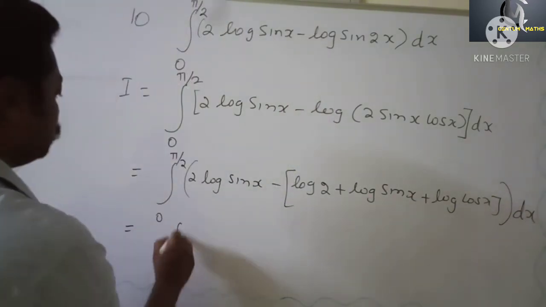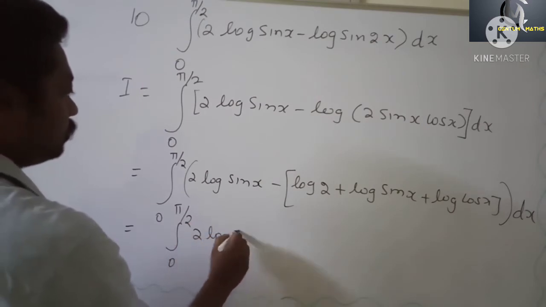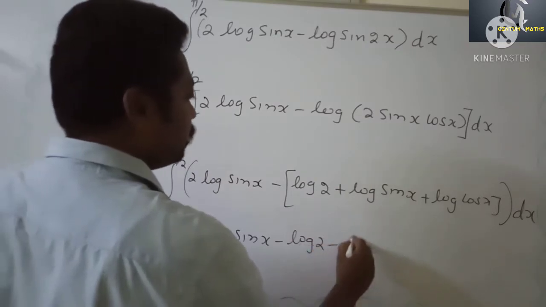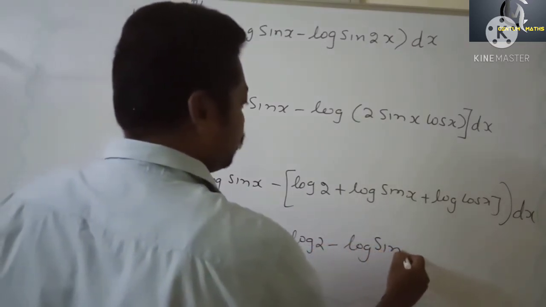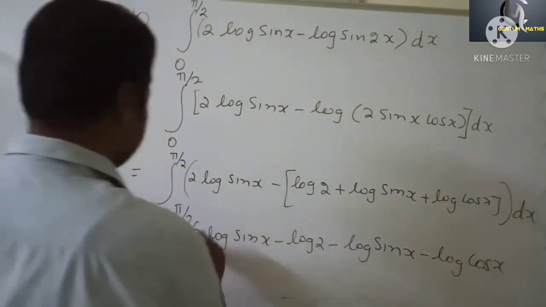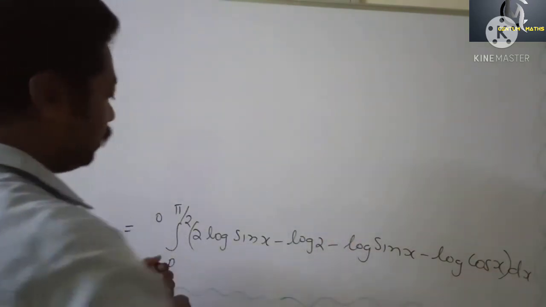So integral 0 to pi by 2, 2 log sin x minus log 2 minus log sin x minus log cos x dx. So what is the next step?